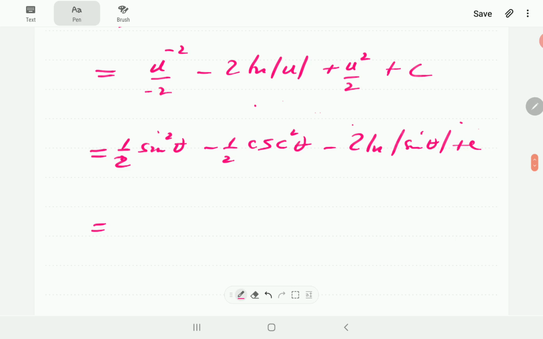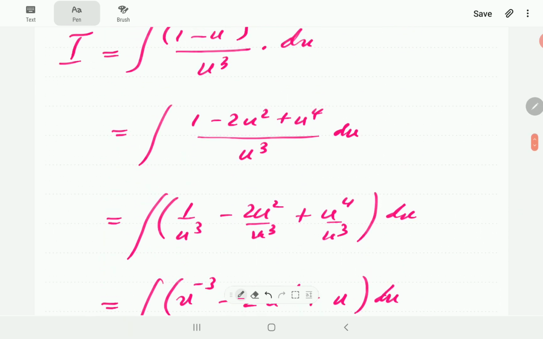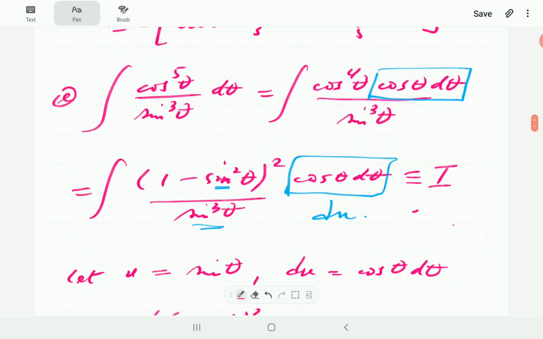We can rewrite this in the following form. Using properties of logs, you can write the log term as ln of sine squared theta plus c. So this is looking nice now. So I've got sine squared here, 1 over sine squared here. All right, so that is our example number E.